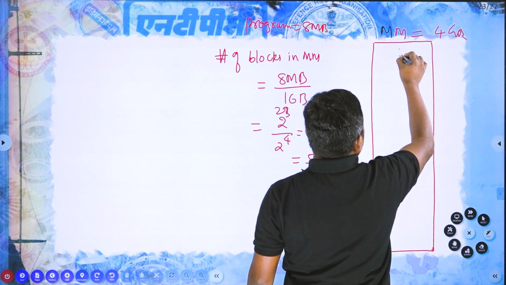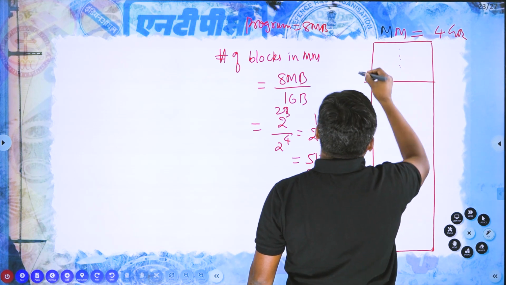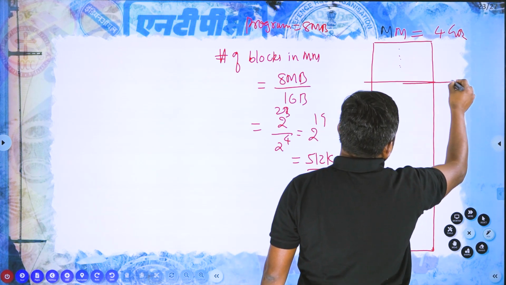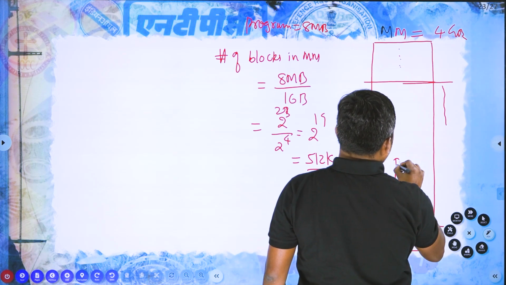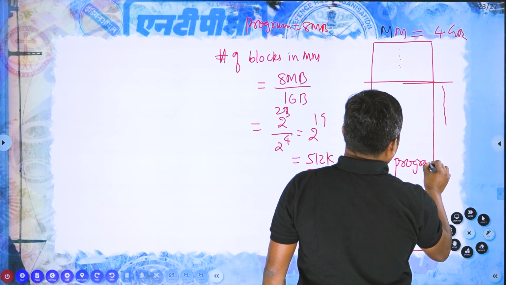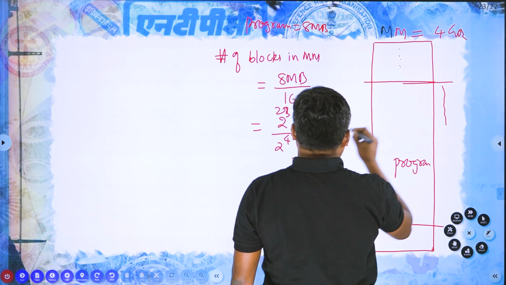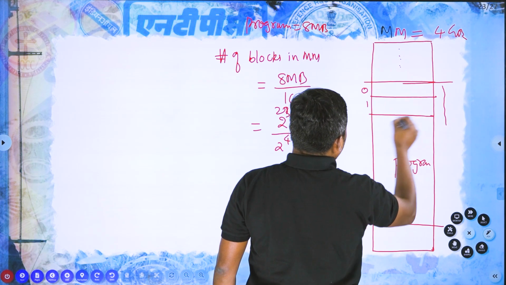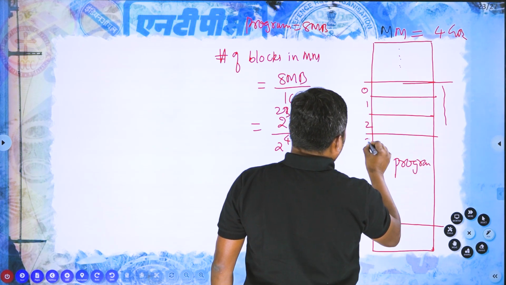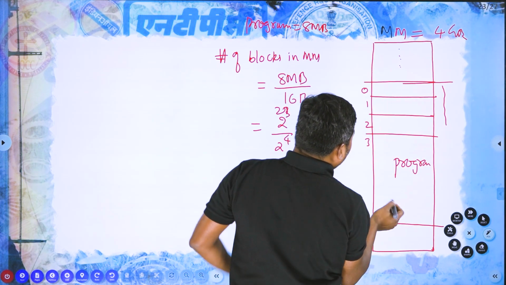Suppose my program started at some page number onwards, and from there it will be stored. This is my program segment, the array segment. Suppose I start referring to 0, 1, 2, not the global address but the internal address of this program.